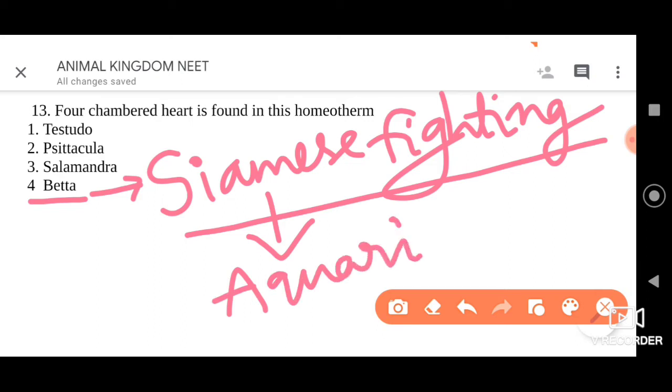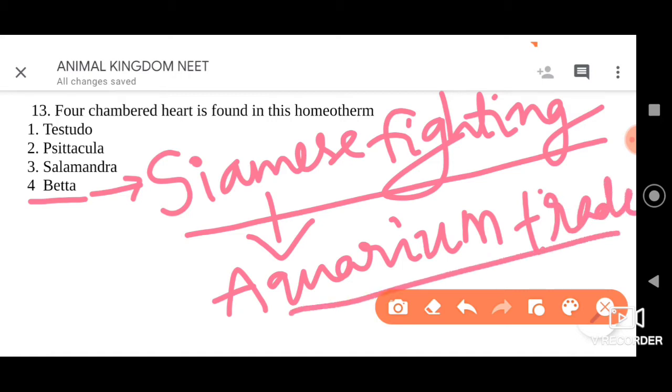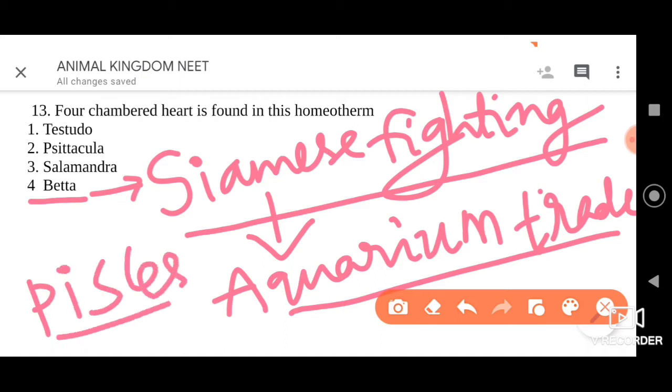I have already told you about this fish. When this fish is kept with other fishes, it may harm those fishes. So generally this fighting fish is kept in a separate tank. It is a fish, so it belongs to the superclass Pisces.